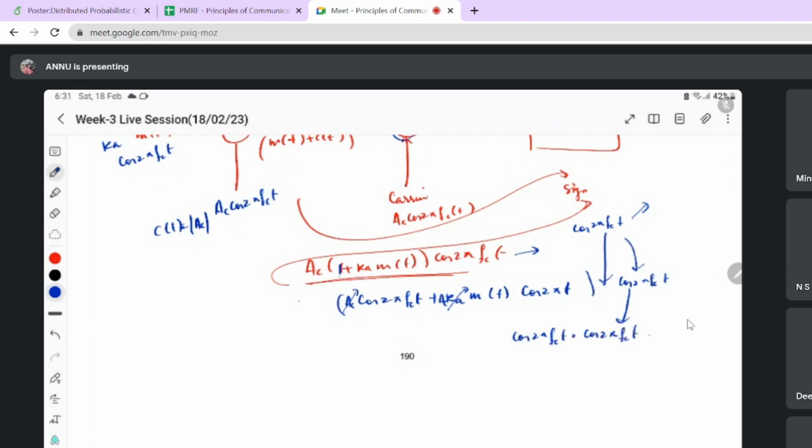Let us see this particular function. What is cos square 2 pi FCT? Here you will get cos 4 pi FCT divided by 2, right? So these DC terms correspond to the demodulation term.